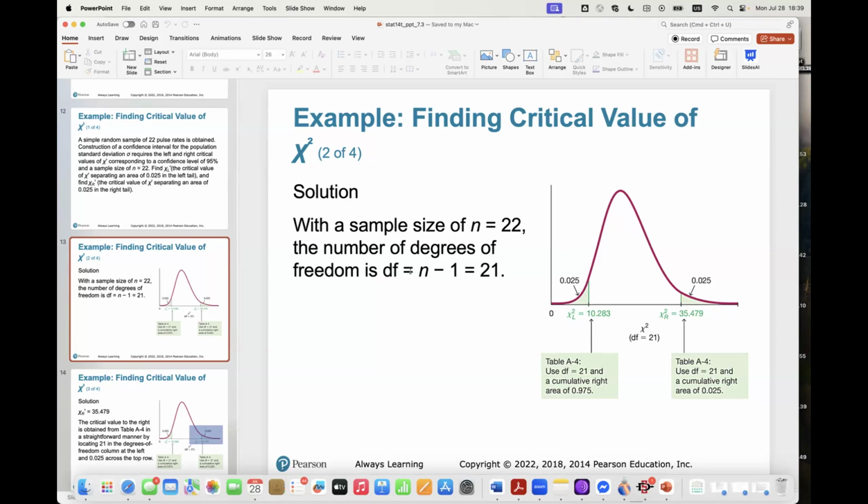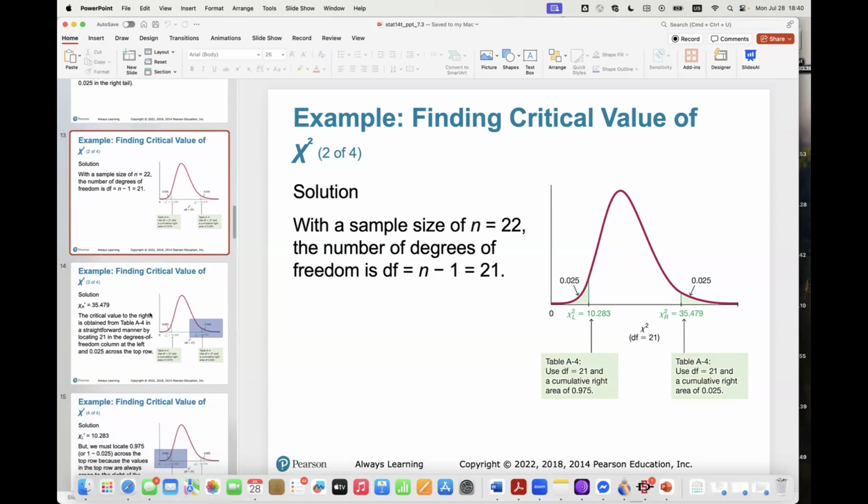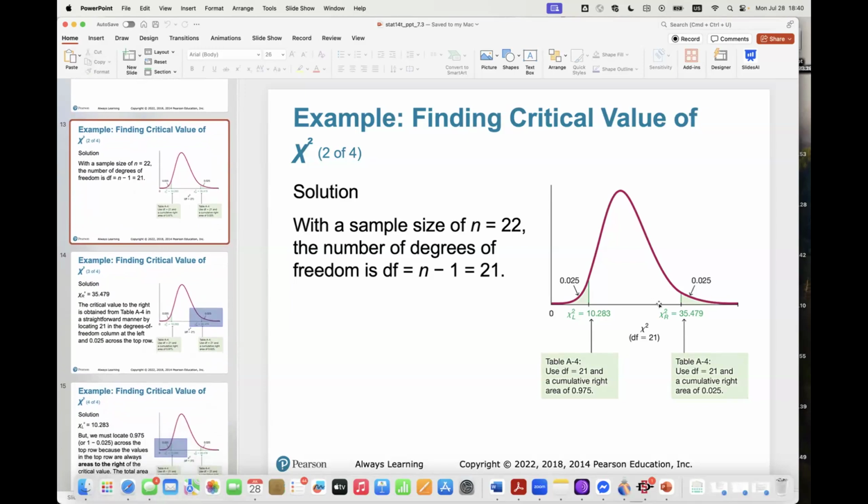In this case, let's see the upper one, the right-tail chi-square will be 35.479, right? And chi-square L is 10.283. These are from table A4. That one is similar to table A2, so you can check it. Are we good here, everyone?